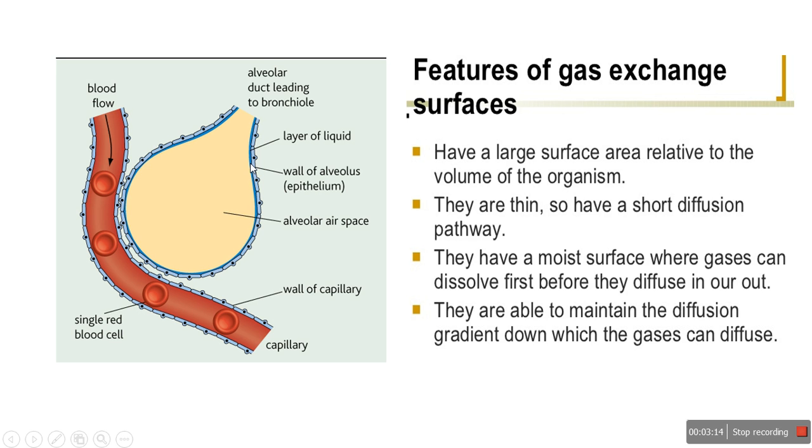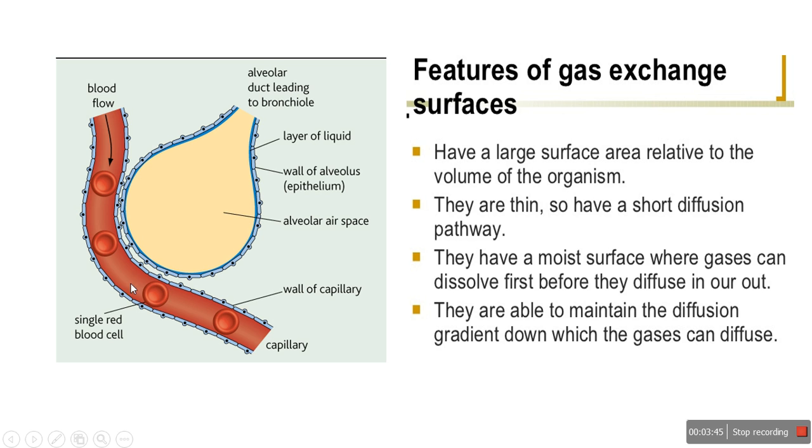When you inhale, air rushes into these areas, and oxygen diffuses across from inside here to inside here. The red blood cells come past, picking up that oxygen. The blood is also dropping off carbon dioxide, which diffuses back into the alveoli, where it will be exhaled and go back out again.